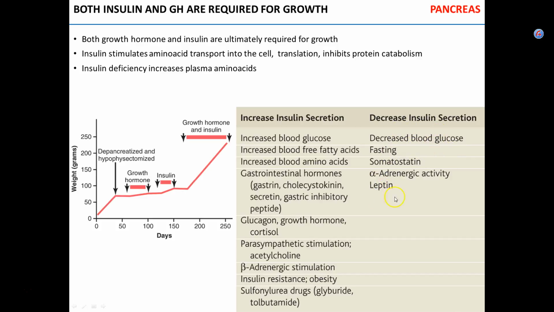Obviously, decreased blood glucose, leptin, one of my favorite hormones. Leptin is the hormone of satiety. Have you heard? What is satiety? Insatiated. Yes, you're full. Like when people are insatiable, they just can't get enough of something.